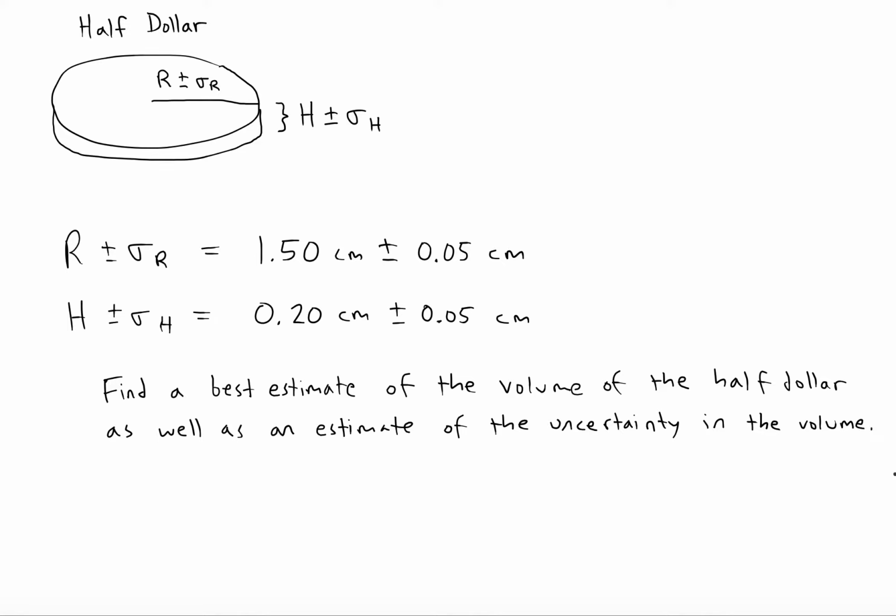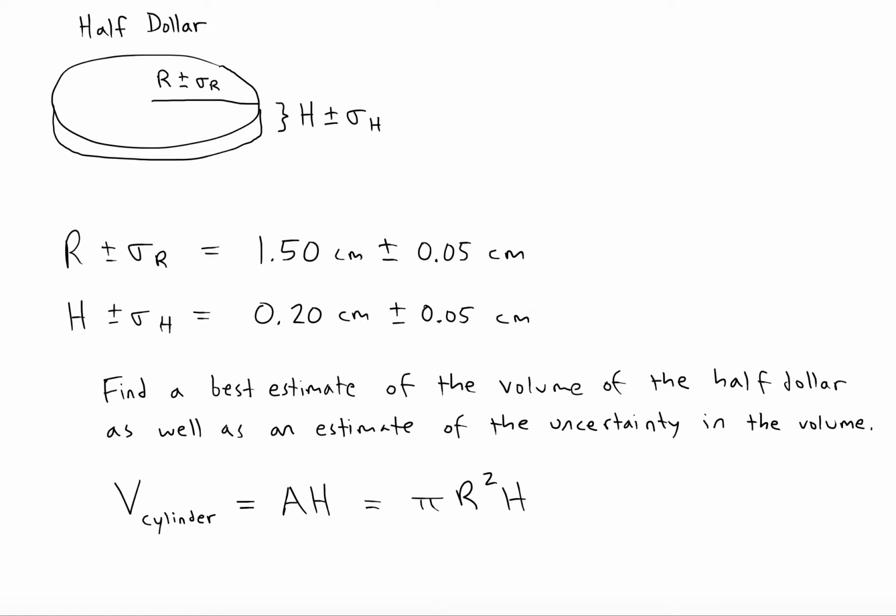All right, so one thing you may need to know for this is the formula for volume according to geometry. The volume of a cylinder is given by the area times the height, which in this case would be pi r squared times the height.